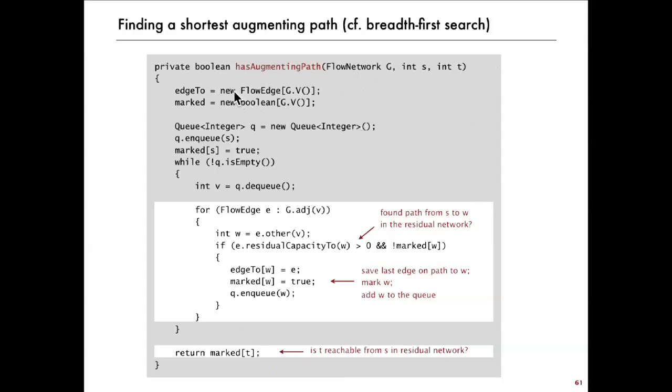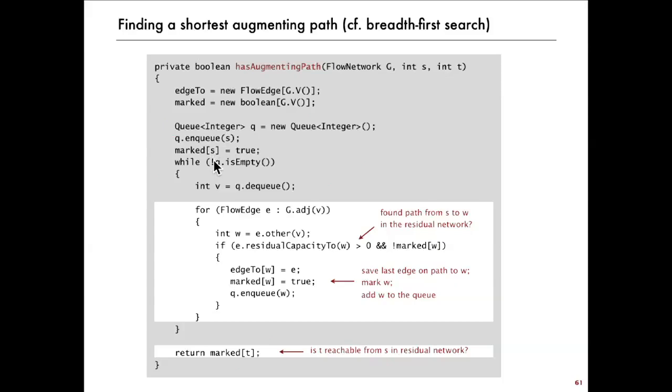So we have our standard edge-to and marked arrays. And we're going to have a queue which is going to contain the vertices that we've encountered but not yet visited. We'll put the source on there.